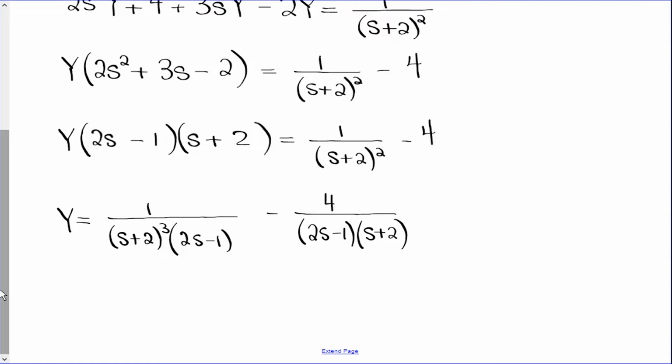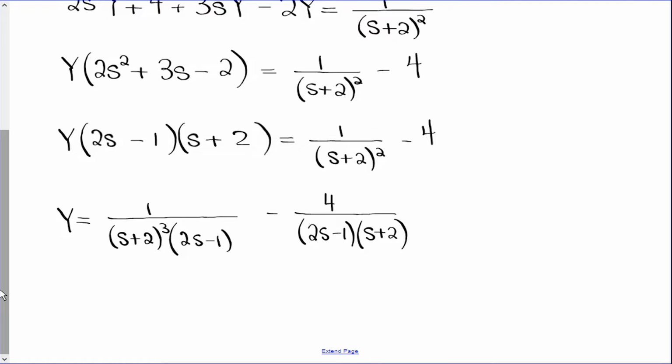Once you've taken the Laplace transform of the equation given to you and isolated capital Y, to get to your solution now, you want to take the inverse Laplace transform of what you have over here. Taking the inverse Laplace transform is going to be a little bit tedious in this instance, as you're going to have to apply a partial fraction decomposition to each one of these two pieces.